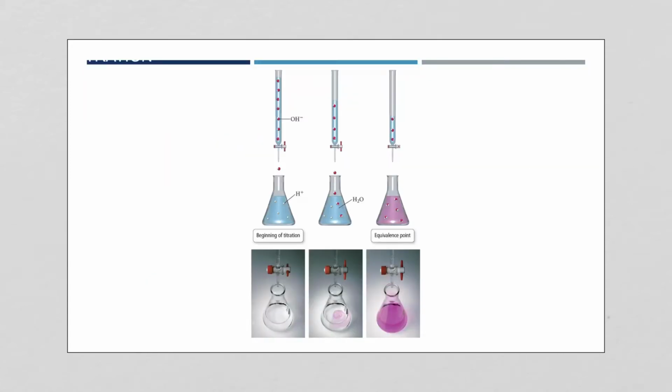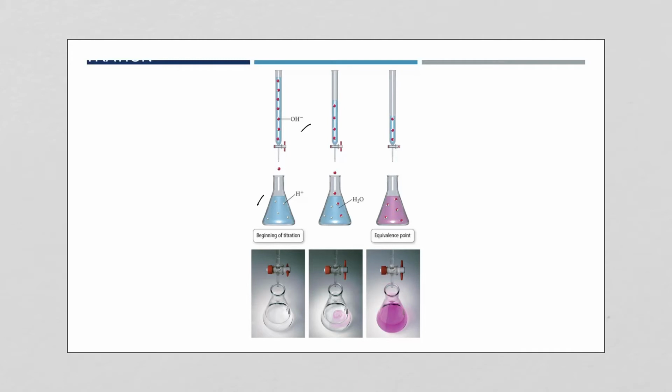So we can see a prototypical titration here where, in the beginning, in this case, we have it set up to where our acid is in our flask and our base is in our burette. We're going to be adding our base to our acid, and during the course of this process we're going to be neutralizing the acid in our flask. We're going to be undergoing this neutralization reaction.